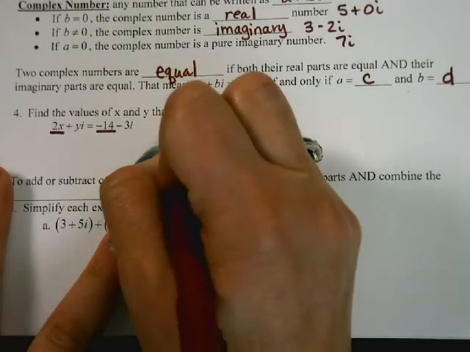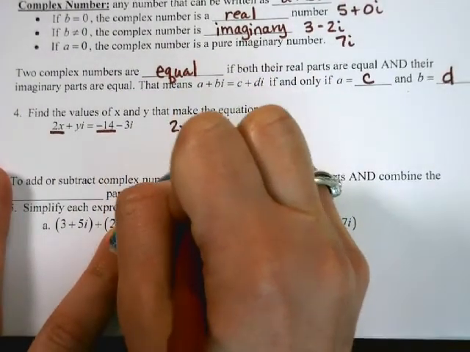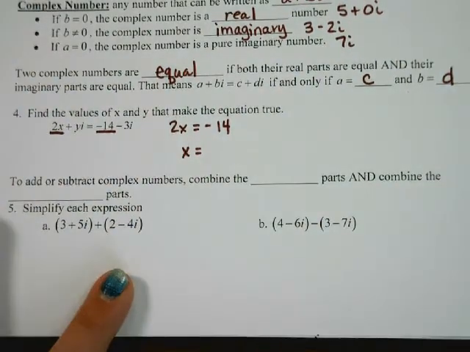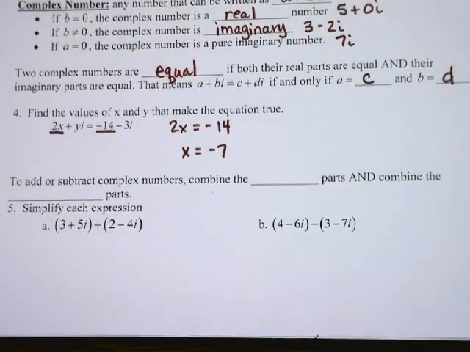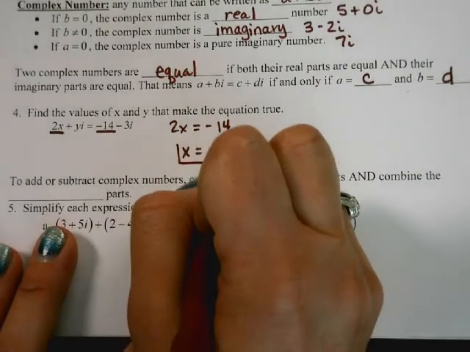Okay, so 2x is equal to negative 14. So what does x have to be? Negative 7, right? That's the real part.